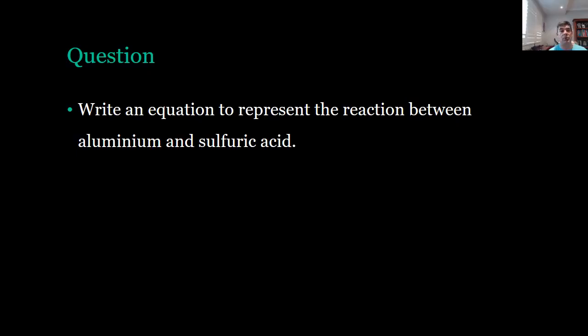So, could you write an equation to represent the reaction between aluminium and sulfuric acid? Well, we probably need a little bit more information now about what sort of equation we can write, because we can write a general equation.